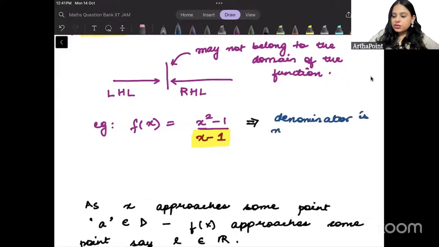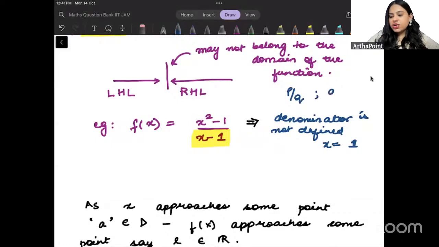Whenever we have a rational expression, we need P by Q form such that Q is not equal to 0. But at x equal to 1, this Q is becoming equal to 0. So that's a problem. But still, we can define the limit of the function. So it's okay. We understand that x equal to 1 doesn't belong to the domain.